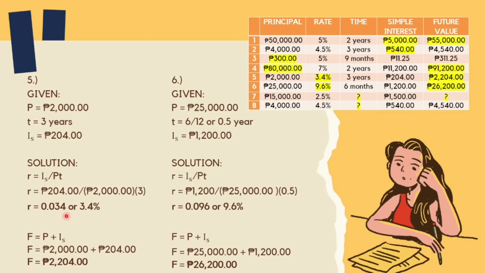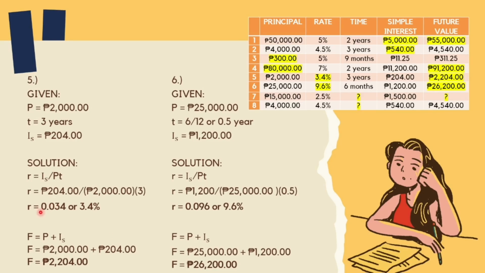To do this, all you have to do is multiply the value that you got by 100. So 0.034 times 100, and you will get 3.4. Once you do that, don't forget to add the percentage sign. That's your final answer for the rate.